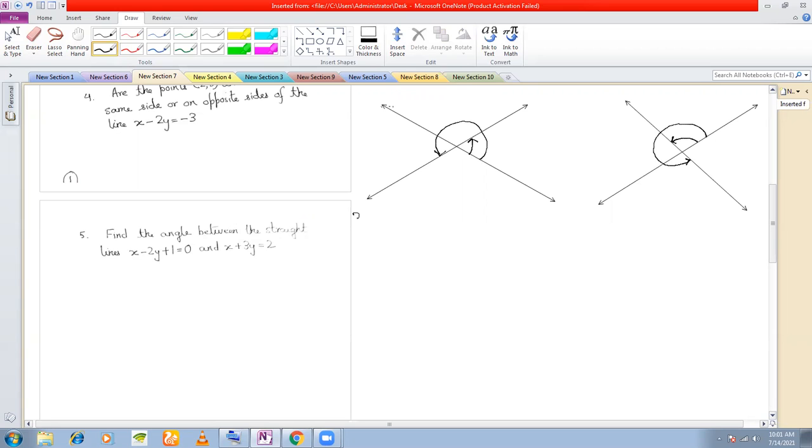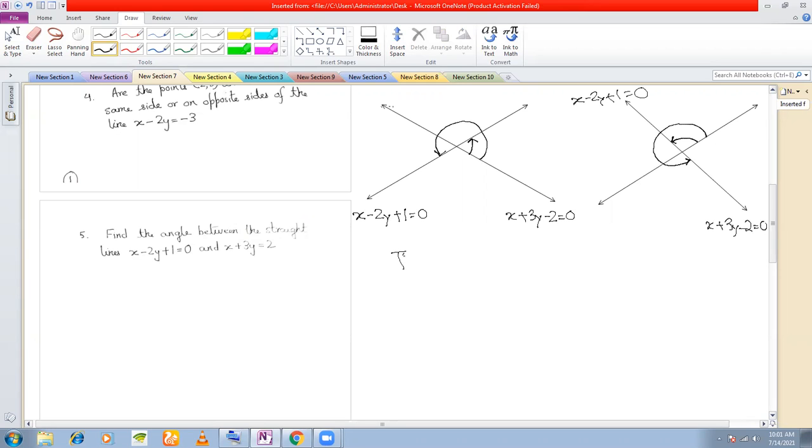So first of all, let's write down the equations of the lines. x minus 2y plus 1 is equal to 0, and x plus 3y minus 2 is equal to 0.